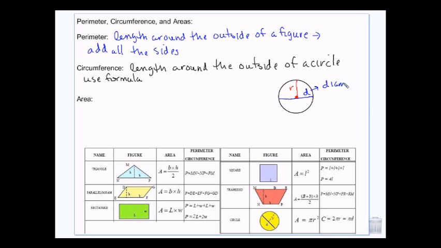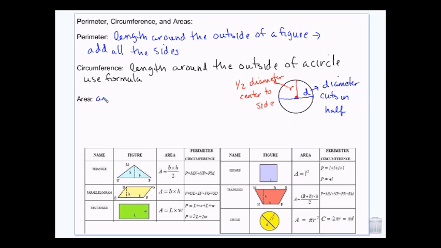So diameter, it cuts in half. And radius is 1/2 of the diameter. So from center to side.